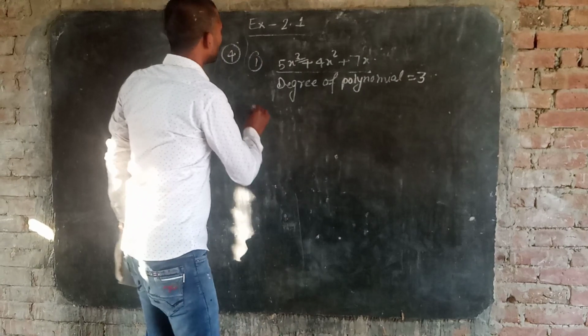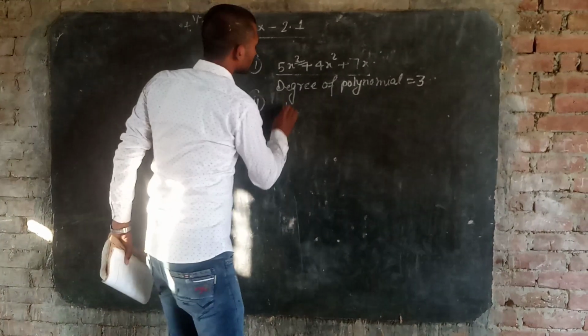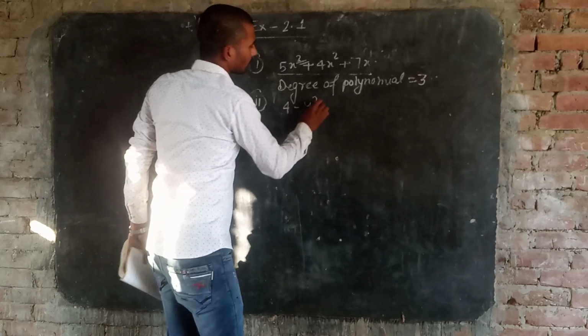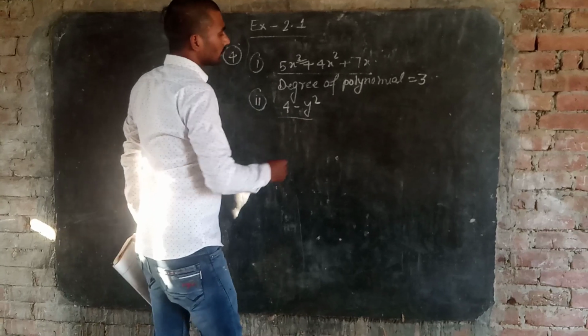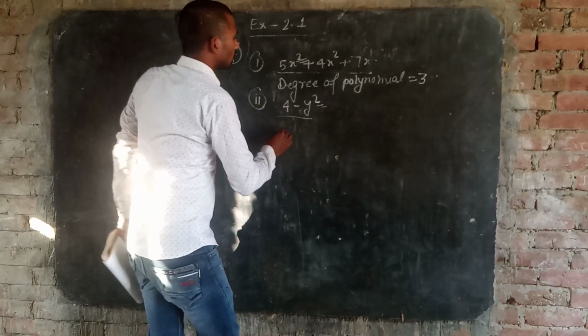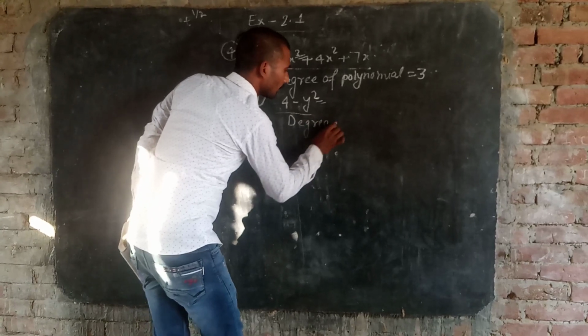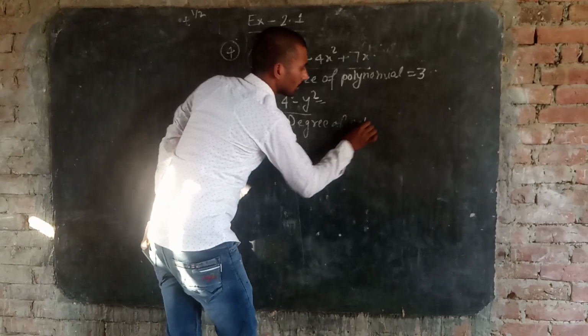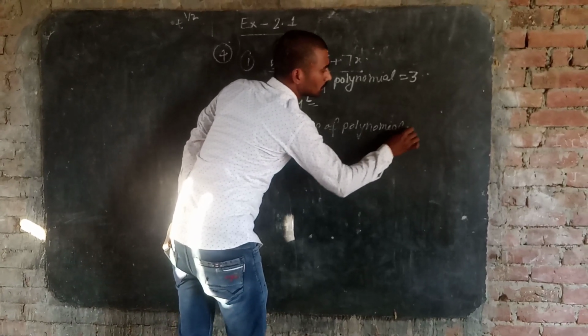And second, 4 minus y square. In this polynomial, the highest power is 2, so the degree of the polynomial is 2.